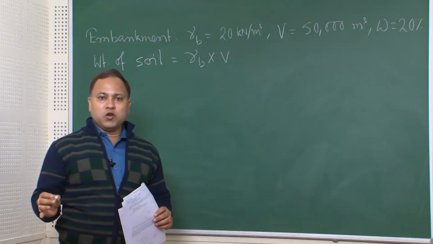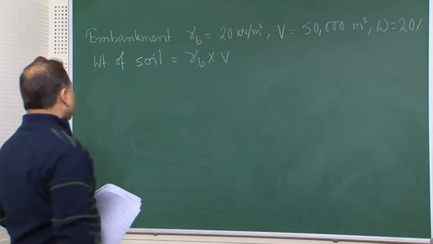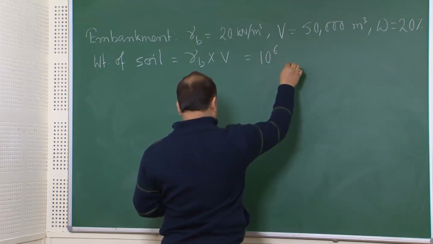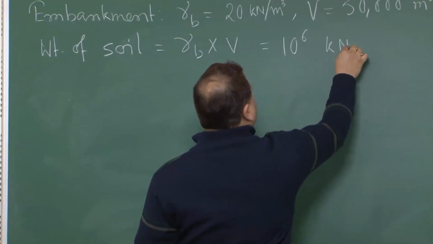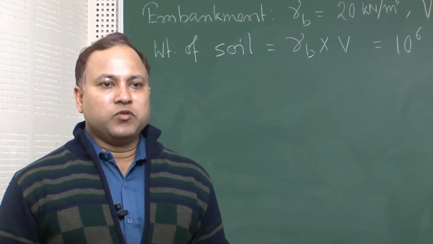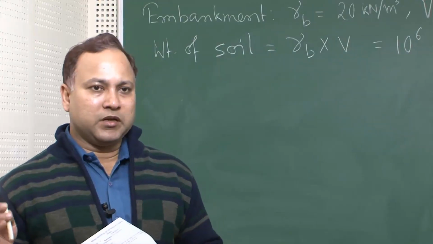So, the volume multiplied by the unit weight will give you the weight of soil. So, that is giving me 10 to the power 6 kilonewton. Okay. So, that is the weight of total moist soil required for the embankment construction.